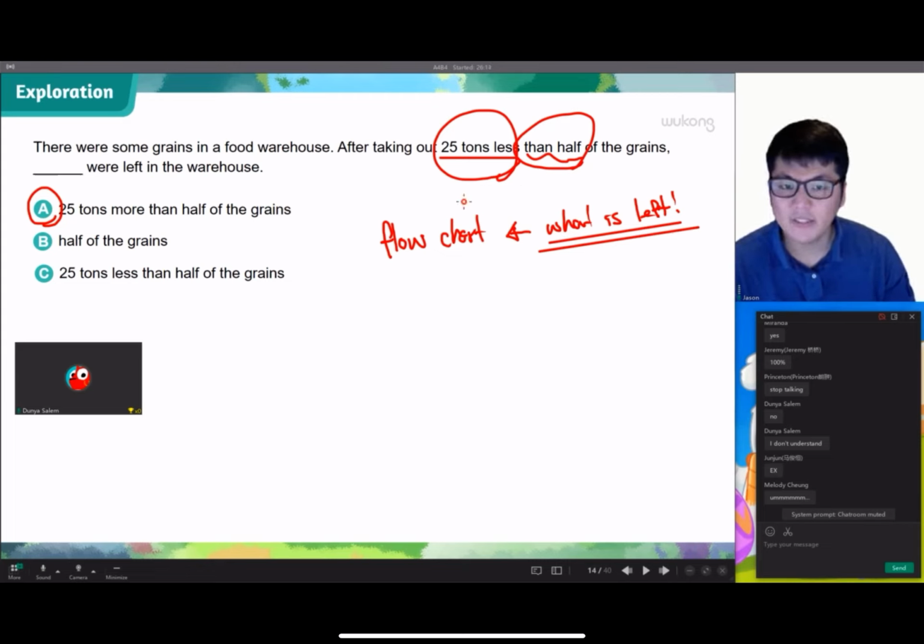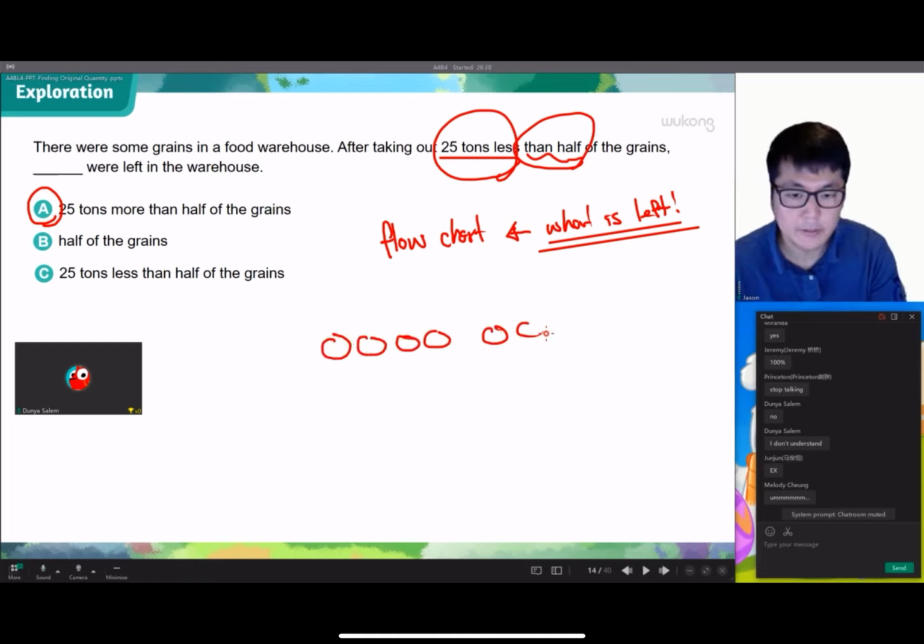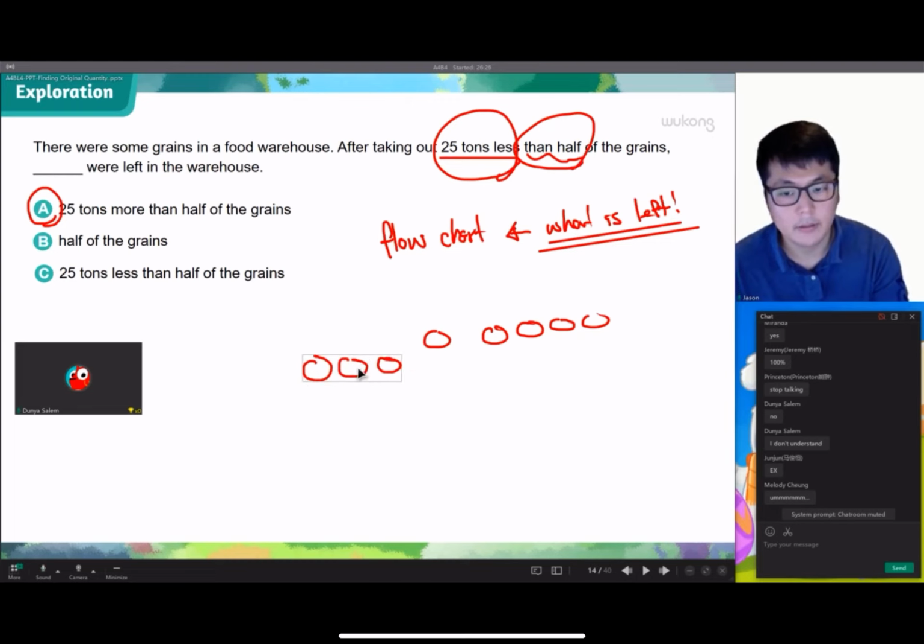Let me show you with pictures. So 1, 2, 3, 4. 1, 2, 3, 4. Now I'm going to take 3. And that's 1 less than half, isn't it?